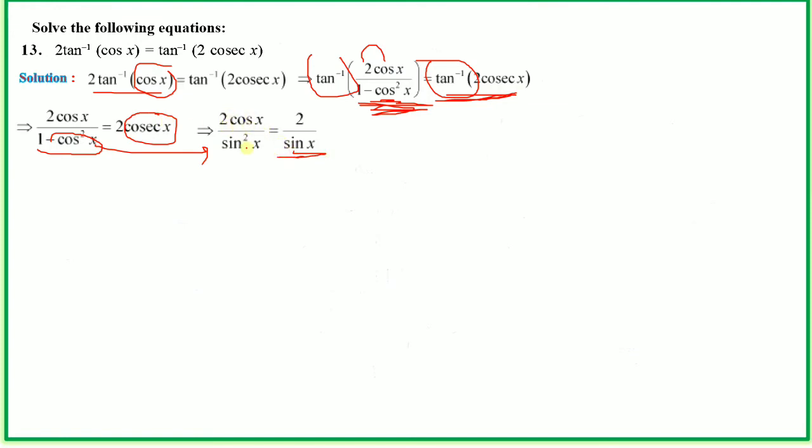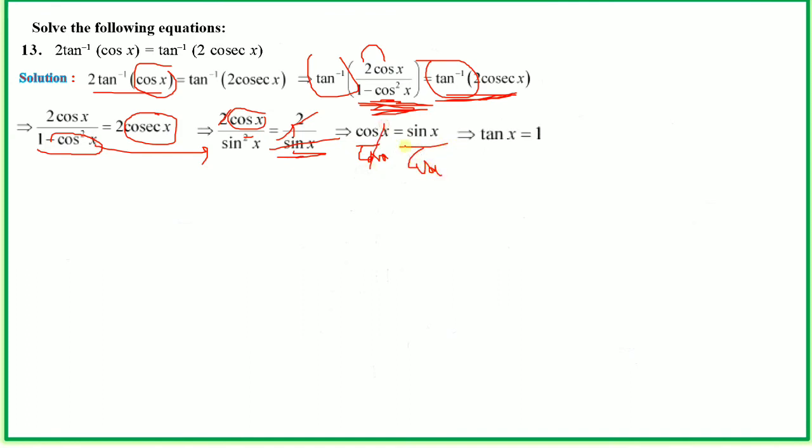So this is 2 cos x upon this thing. So this 2 and this 2 cancel, this sin power 1 will cancel with this, so we have cos x equals, by cross multiplication, sin x, dividing both sides by cos x.